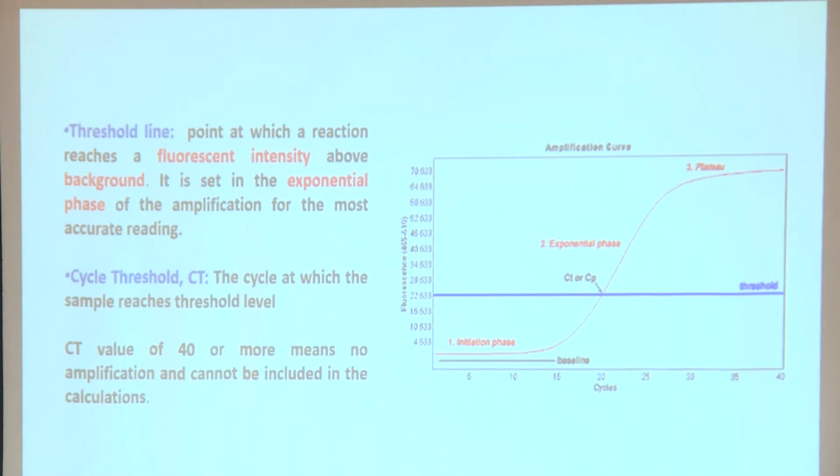Cycle threshold, CT or CQ: the cycle at which the sample reaches the threshold level. It varies from sample to sample, and it is directly decided by the initial template concentration. And of course, by and large, a CQ value of 40 and above is considered a failed PCR.